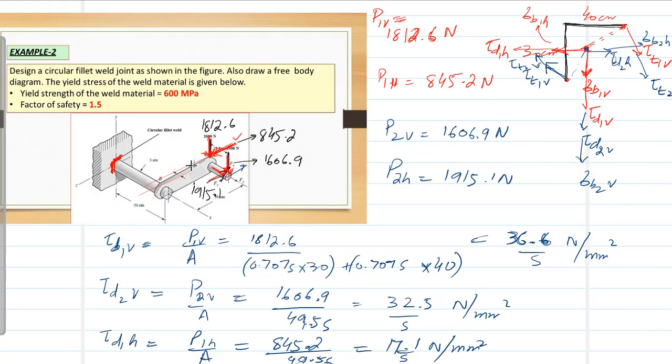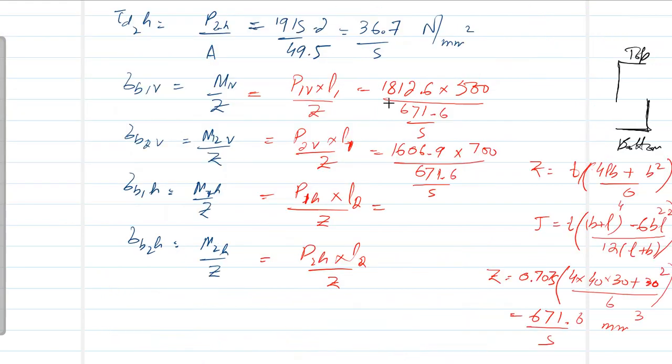This is the same moment arm, which is 50. So the P1H is 845.2 into 500 divided by 671.6 divided by S, and sorry, this is written in the previous case, it's written correctly.